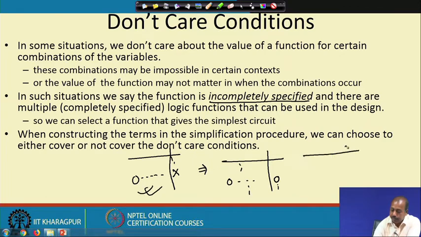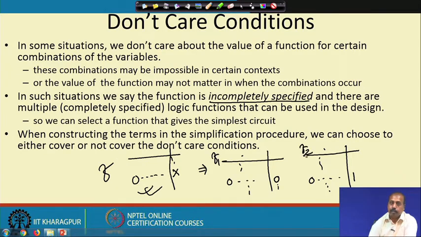In another case, for this particular combination, I take the value as 1. So, essentially this is one function, this is another function. This is the original incomplete function f. From there I can derive two completely specified functions f1 and f2, and we can minimize them and see whichever gives us the minimum result.